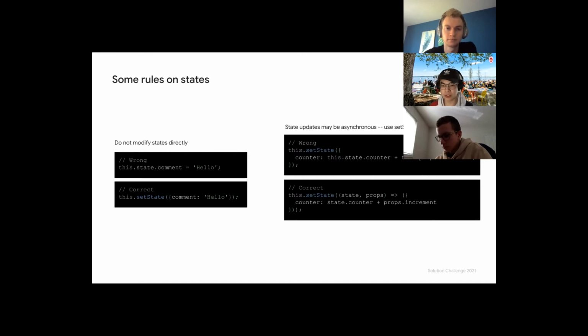So what you would want to do is use the overloaded setState function that receives a function that receives the current state and the current props. In this case, the setState function will know what state to use, like a snapshot of the state, and the props to use as well.